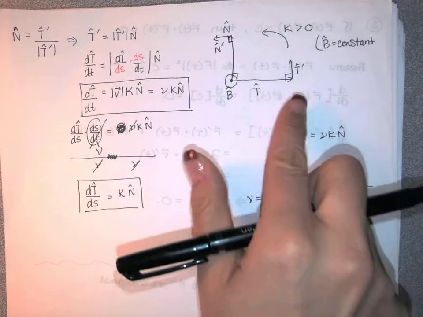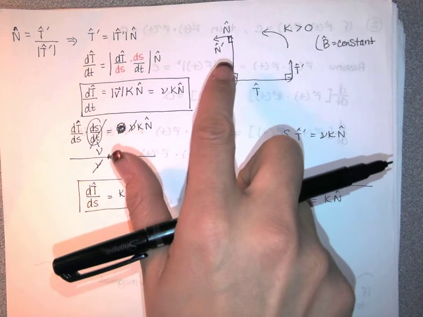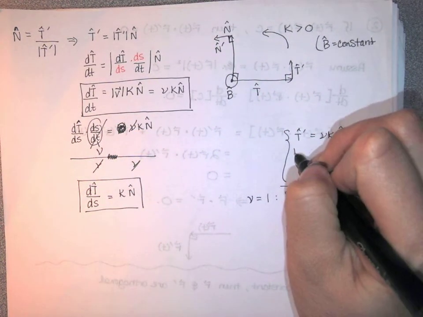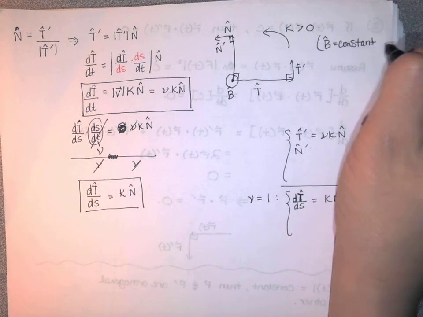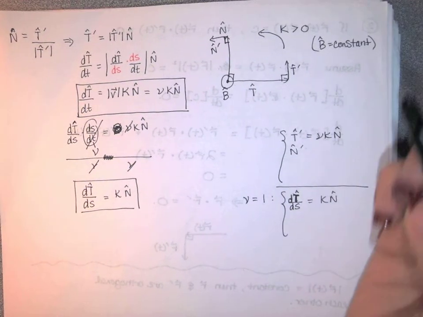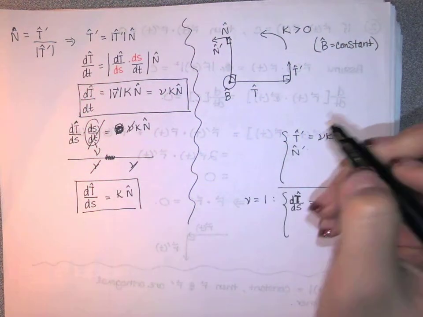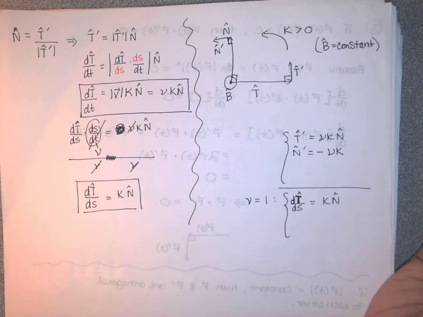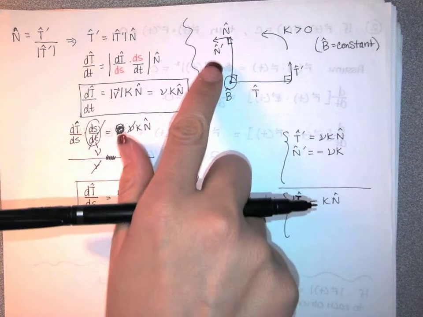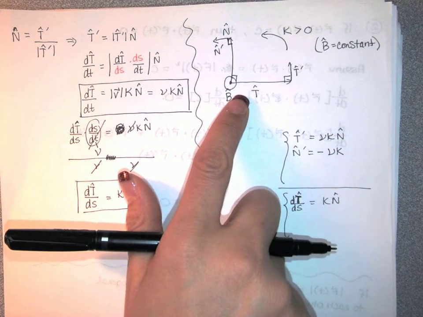Now, because the rate of change of this vector is going to be equal to the rate of change of that vector, N hat prime, and this is in the case when B hat is constant, just in this special case, N hat prime is going to have the same rotation rate, but it's going the opposite way. Look at the relationship between N hat prime and T hat.